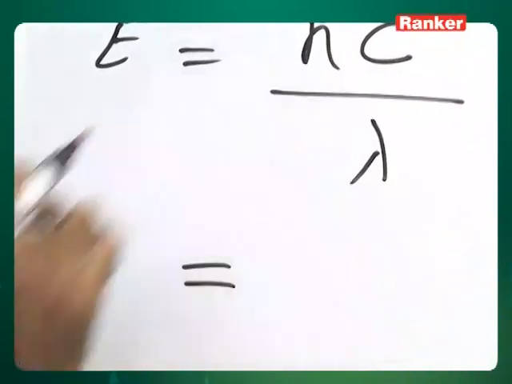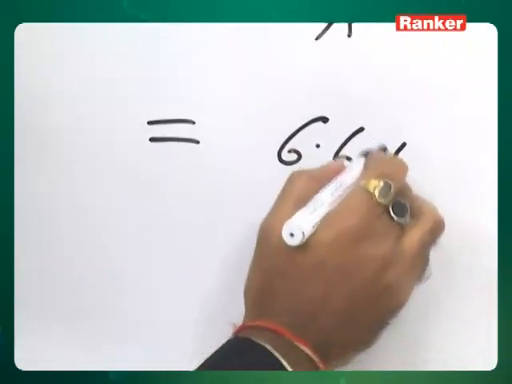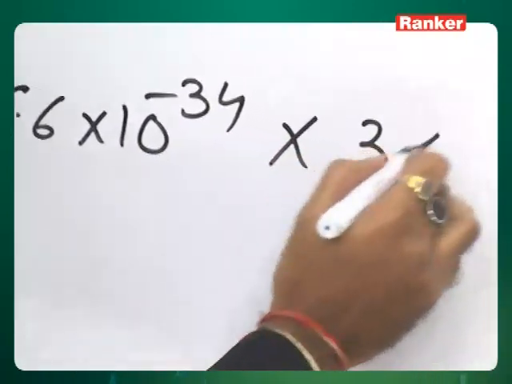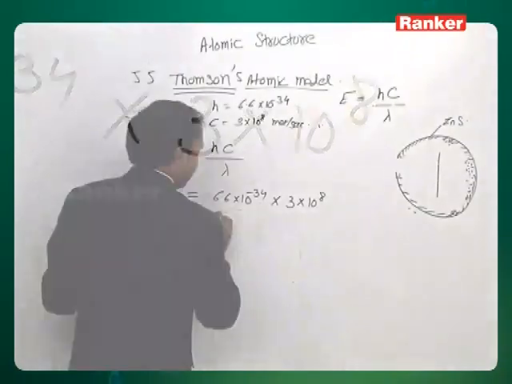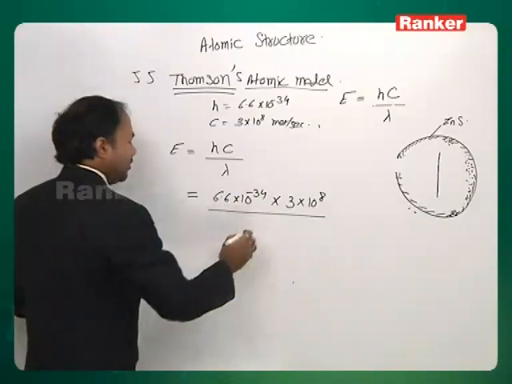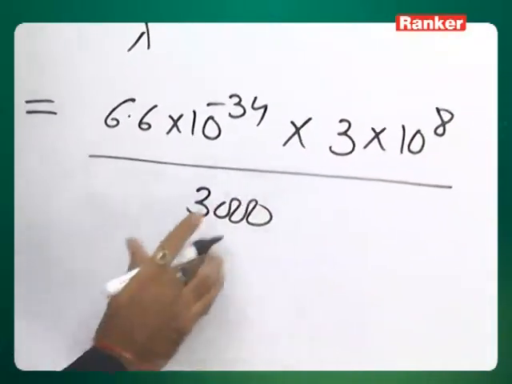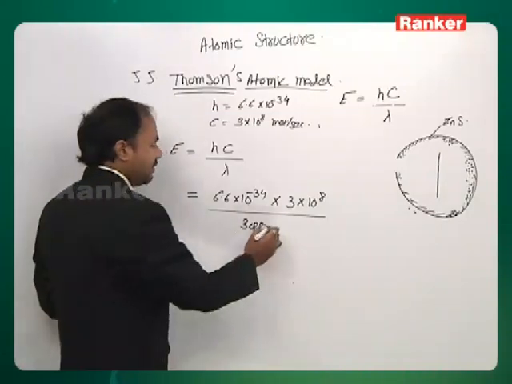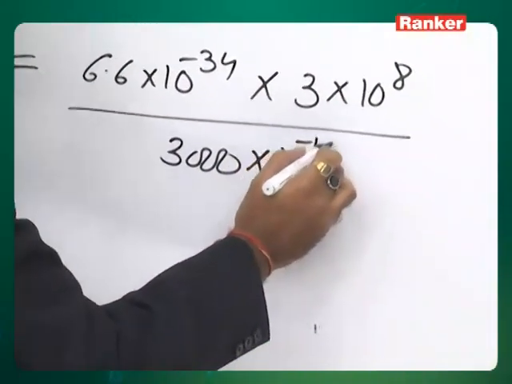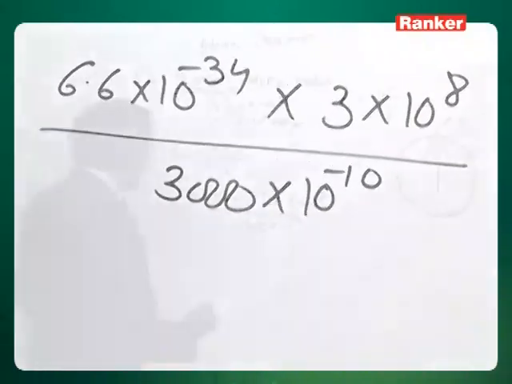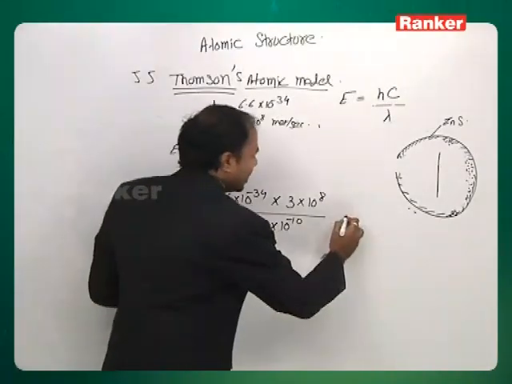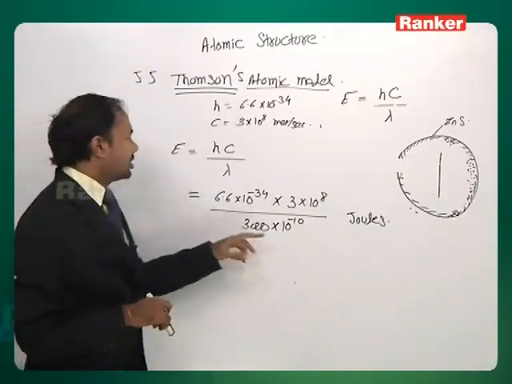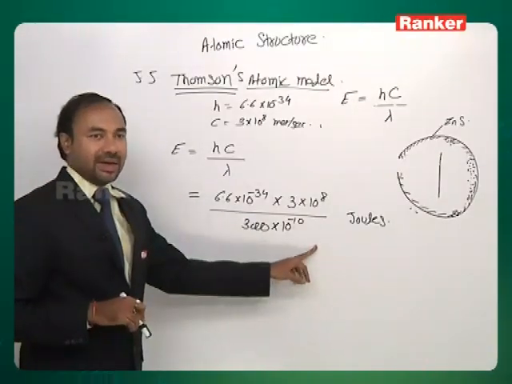Here the value of h will be 6.6 into 10 to power minus 34. c will be 3 into 10 to power 8 meter per second, and lambda will be 3000. It is in angstroms, so we convert it into meters. For that we multiply this with 10 to power minus 10. If we solve this from here, the answer comes in joules. So this is how the answer comes. From here we can calculate.